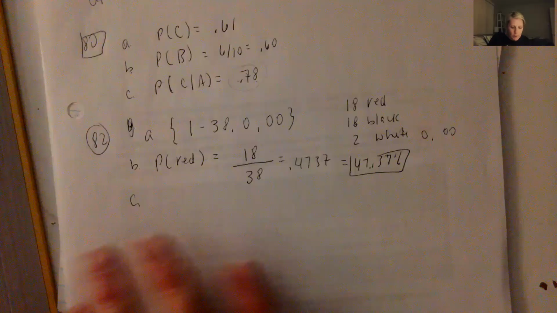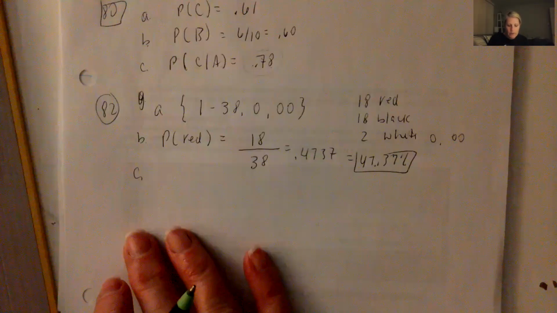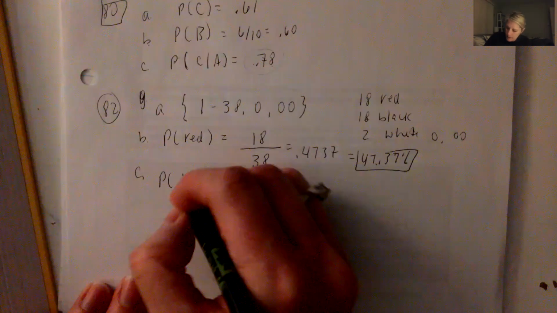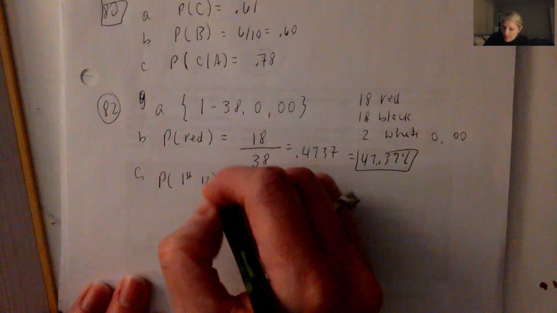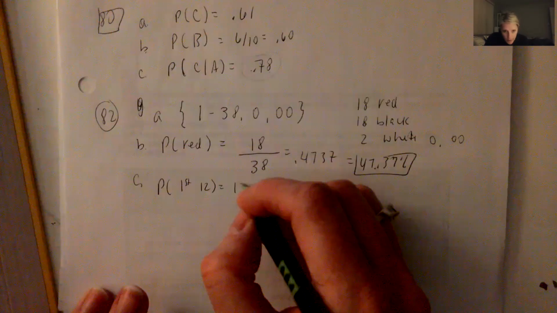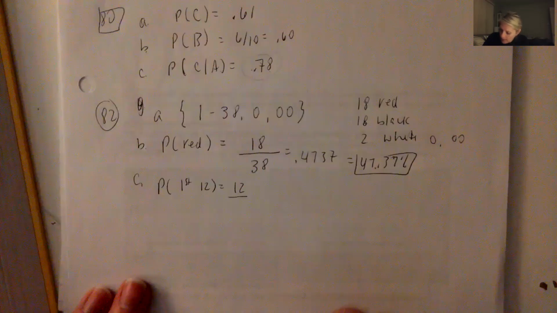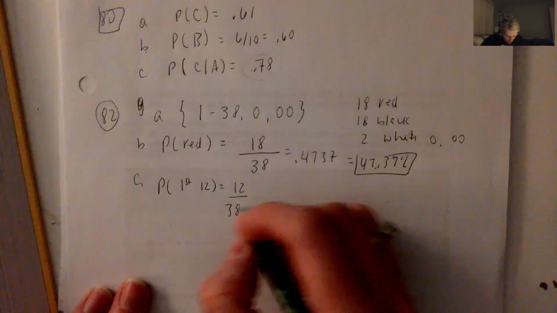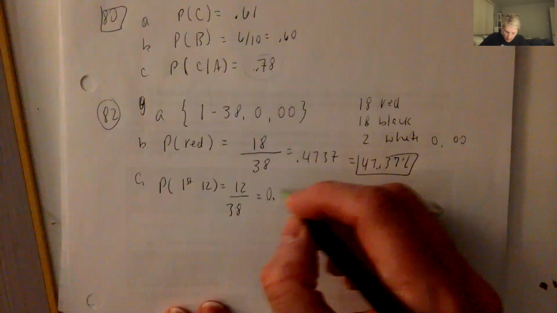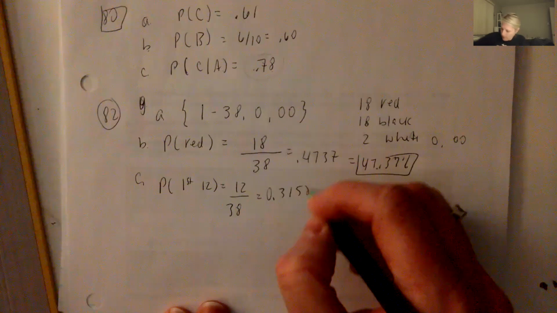Then letter C says you bet on the first 12, which is the first dozen. So find the probability of the first 12. Well, the first 12 is there's 12 items that you could land on that would win in that bet out of 38. So 12 divided by 38 is 0.3158.